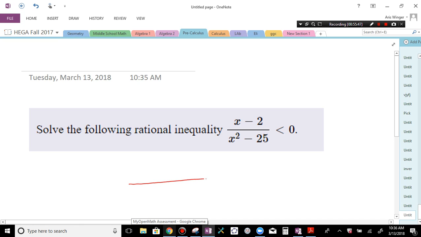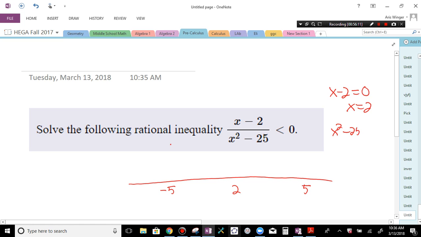Number line, we got a negative 5, a 2, and a positive 5. So x minus 2 equal to 0 gives x equals 2. X squared minus 25 equals 0 means x squared is 25, which means x is 5 or negative 5.